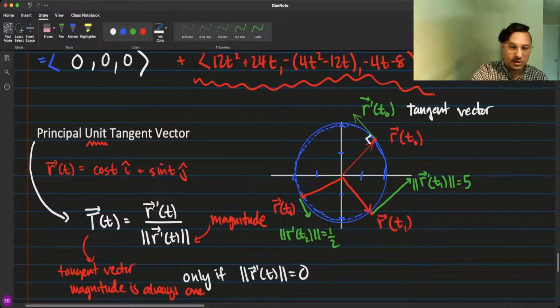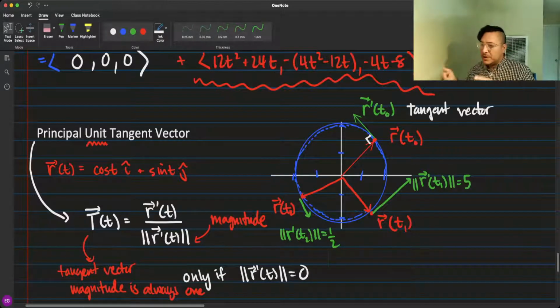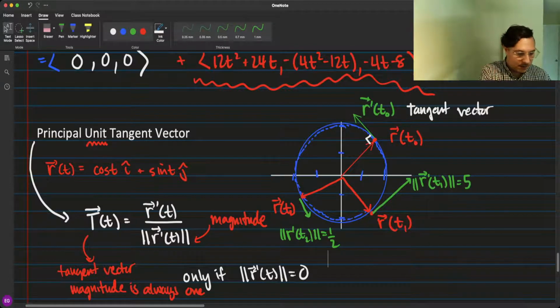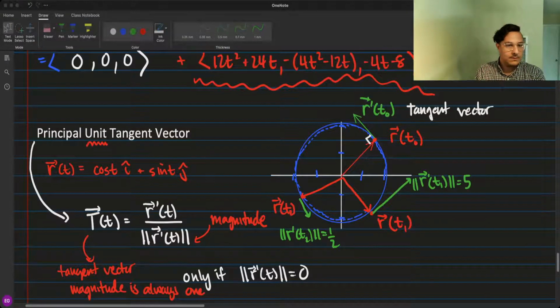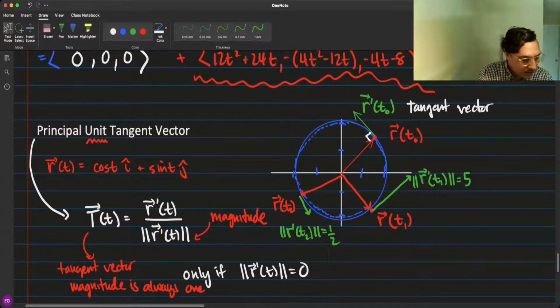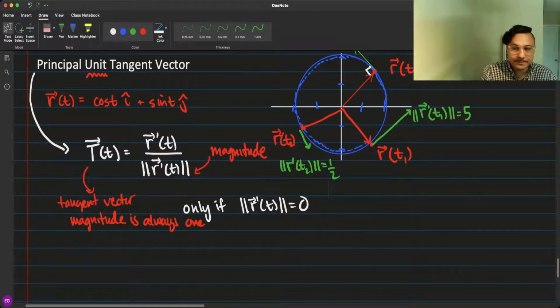Does that make sense? We're going to end up using this later. For now, you just need to know that it exists.